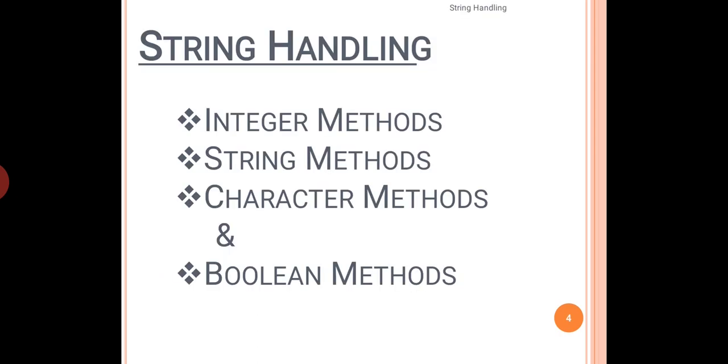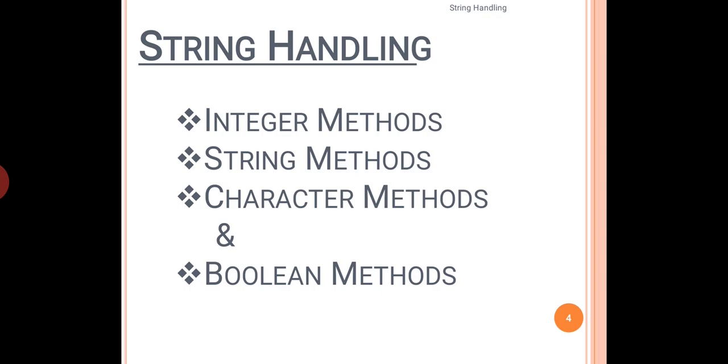Now string handling is something which is based on the return type. Whenever we deal with the string, we see that there are different return types of the methods that are used for string handling. Basically there are four different types of methods: the integer methods, the string methods, the character methods, and the boolean methods.